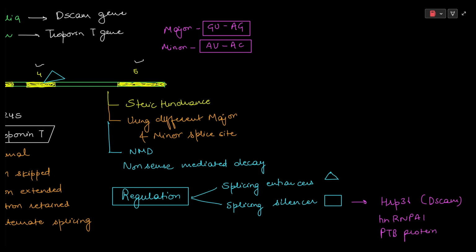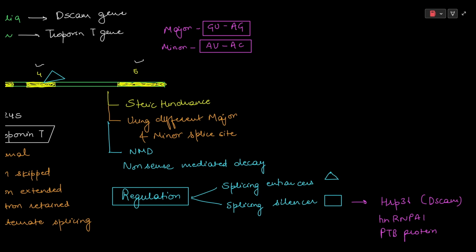Your PTB protein, as mentioned here, binds to the exon, right? And it basically inhibits its splicing, right? It blocks the interaction between the exon and the protein, for example, the U1 snRNP, right? So this can happen.